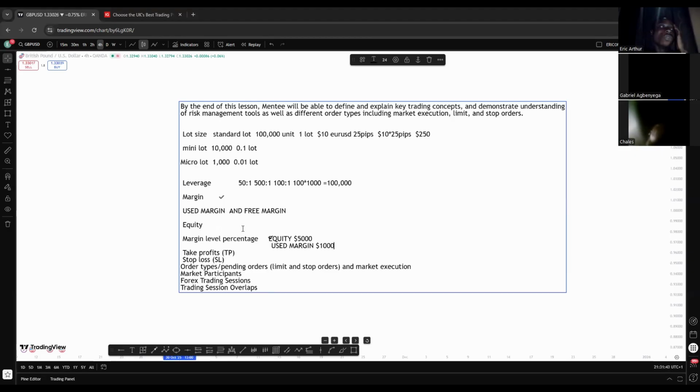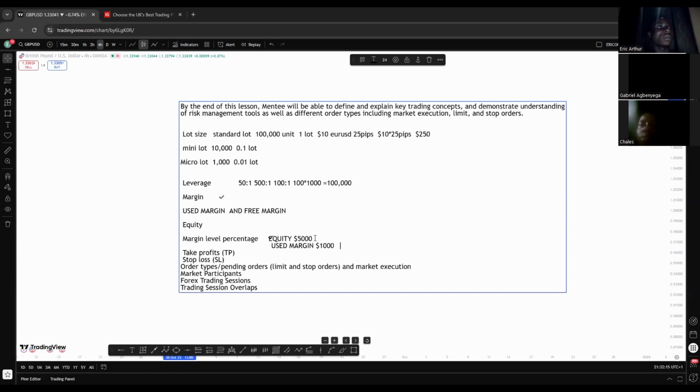So in order for you to know the level percentage of the health of your account, whether you are in drawdown or your account is going to grow, you have to calculate your equity with this. So let's say you have 5,000 divided by $1,000 times 100.